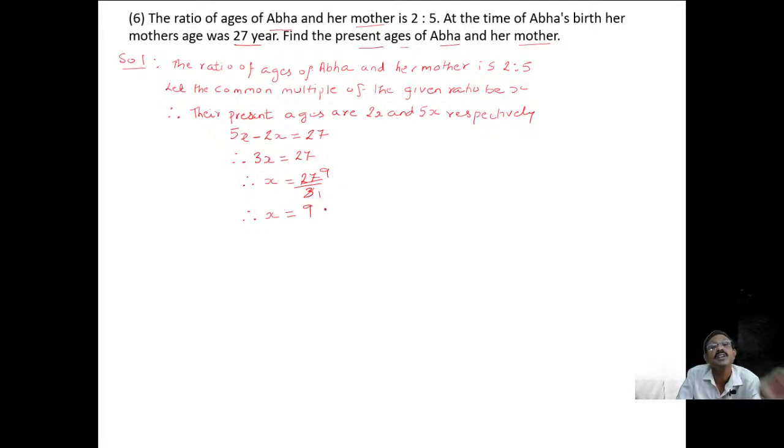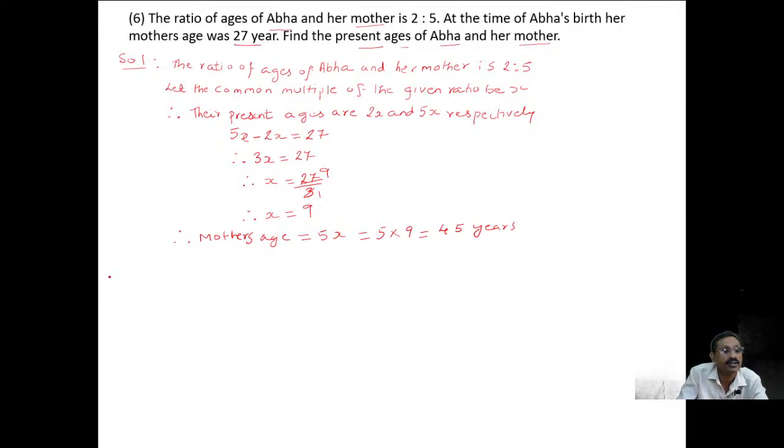We got x. We had taken x to be the common multiple, and we had the present ages as 2x and 5x. Therefore, mother's age is equal to 5x, which is 5 multiplied by 9. 5 nines give me 45 years.